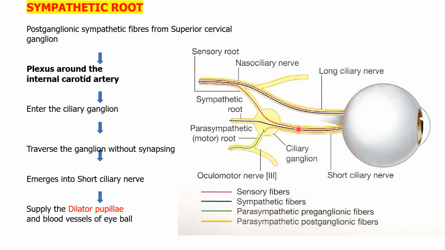They emerge through the short ciliary nerve again and reach which muscle? The dilator pupillae and the blood vessels of the eyeball. The dilator pupillae is going to bring about dilation of the pupil. So this is the sympathetic route.